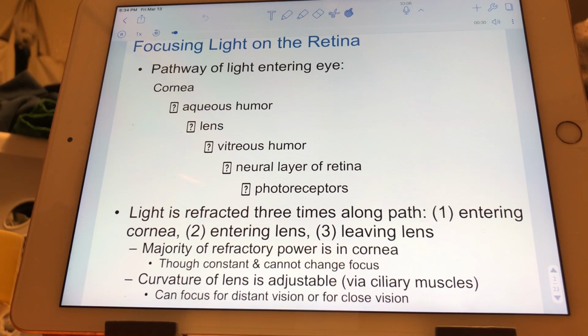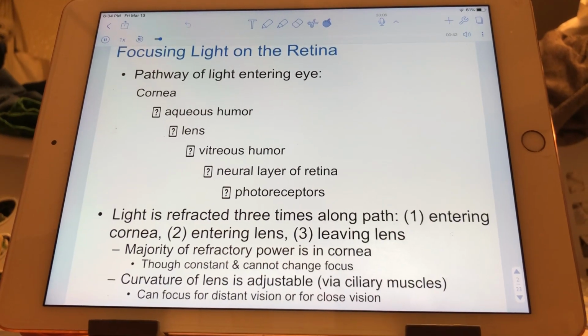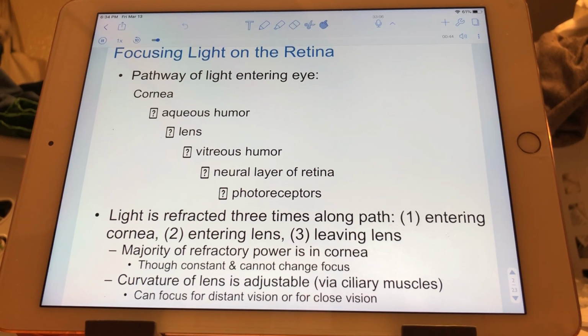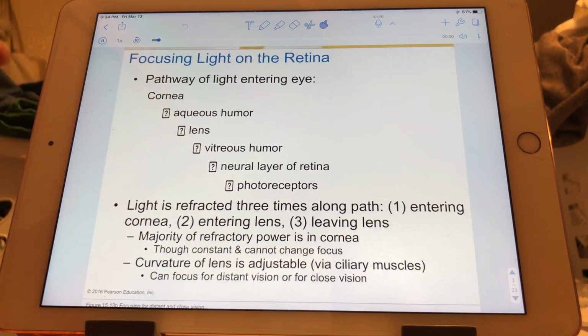Light has to pass through the cornea, and even before the cornea, it's got to pass through skin, but very thin, transparent skin. Then it has to pass through the aqueous humor, then through the lens, then through the vitreous humor, then through the bulk of the neural layer of the retina, and finally encounter really the posterior most portion of photoreceptors, rods and cones, okay?